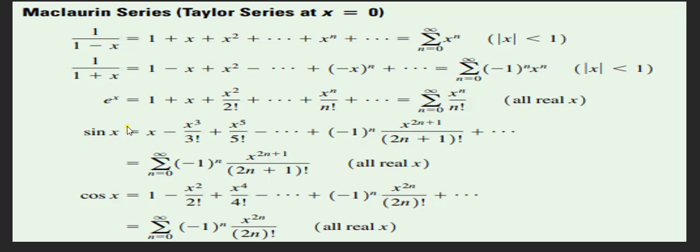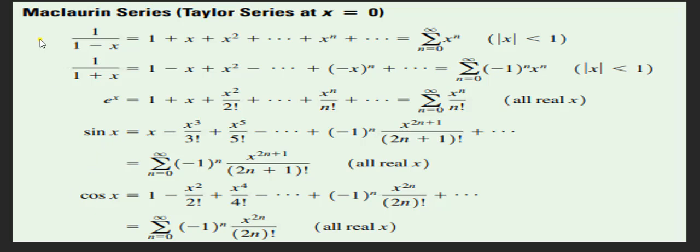Now, what is a derivative of sine of x? Derivative of sine of x is cosine x. What's the derivative of x? It's 1. What's the derivative of this term right here? You get negative x squared over 2 factorial, and so forth. So these two are very related, and these two are very related.